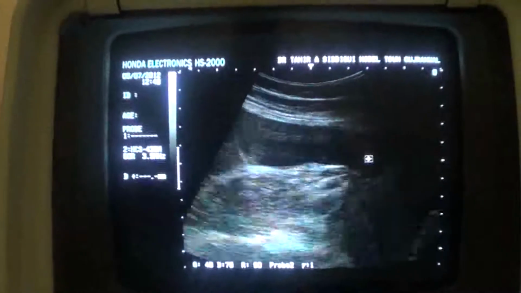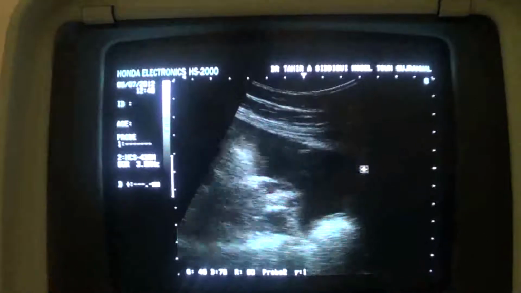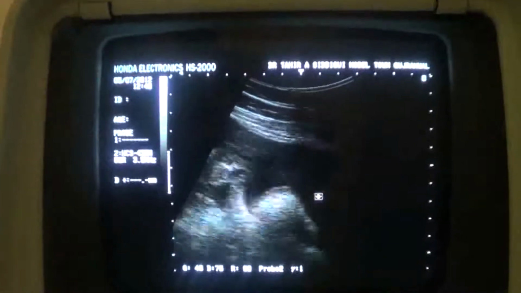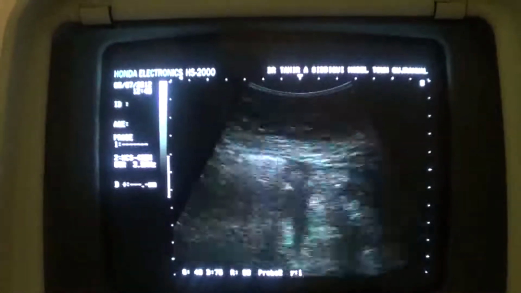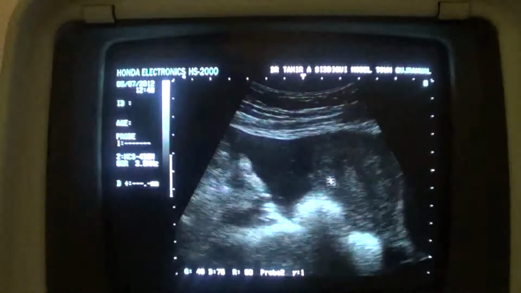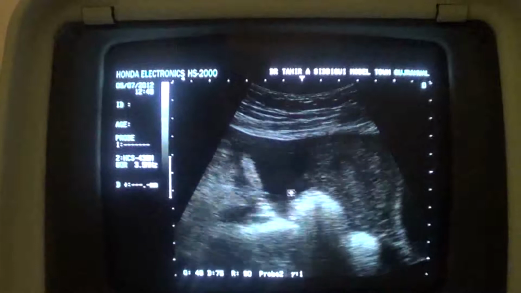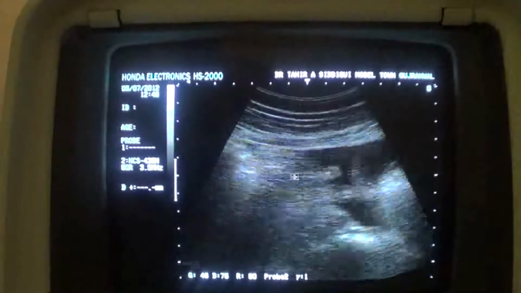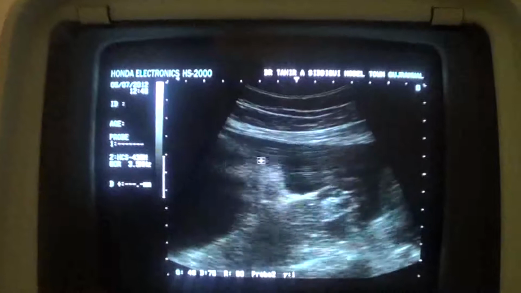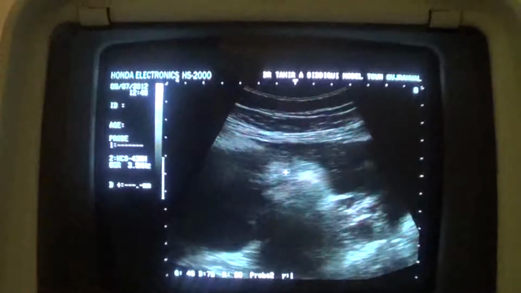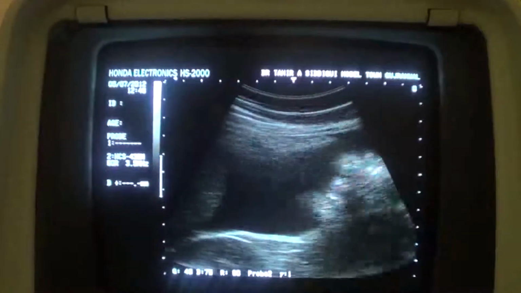You can see it entering the pelvic cavity, and here we are. This is the uterus, endometrial canal, bowels, fluid, fluid with bowels within.